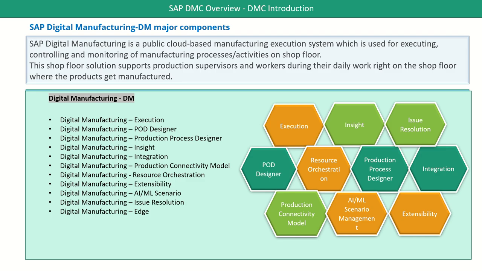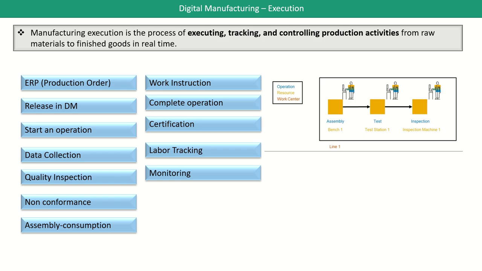So let's move to SAP Digital Manufacturing Execution. It is the process of executing, tracking and controlling production activities from raw material to finished goods in real time.